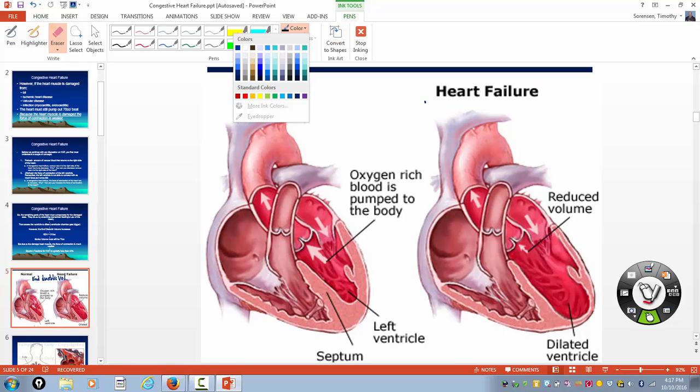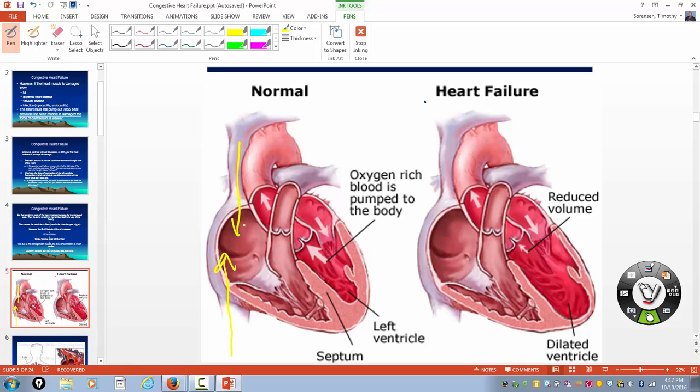And again, it comes back to knowing Starling's law of the heart. So watch. In a normal heart, if you increase venous blood back to the right side of the heart, it is going to stretch. When you stretch, you line up the actin and myosin better, and the force of contraction is going to increase, so the amount of blood sent to the lungs is going to increase, and the pressure with which that blood is sent is going to increase.